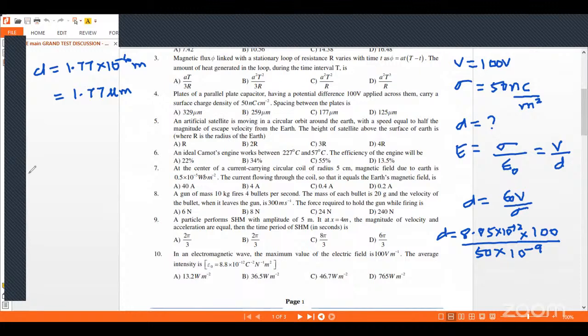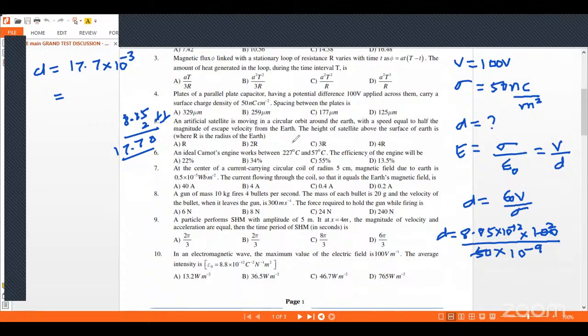Upon calculation, we'll get it as 17.7 into 10 power minus 3. 50 into 10 power minus 9, 8.85 into 10 means 17.7 into 10 power minus 3.